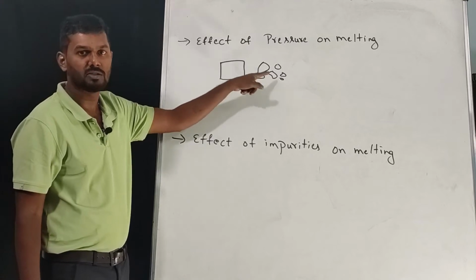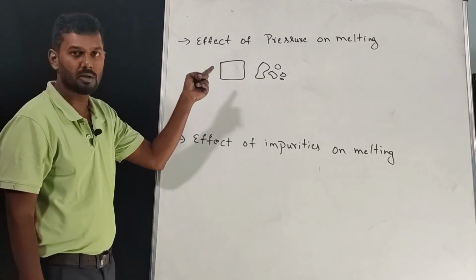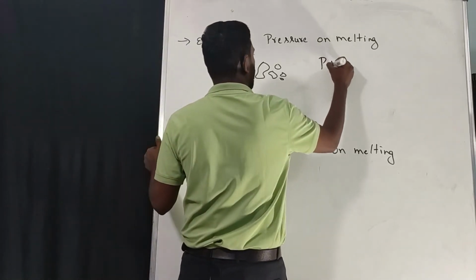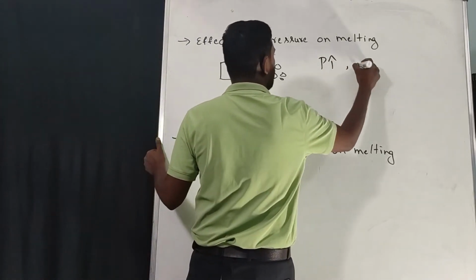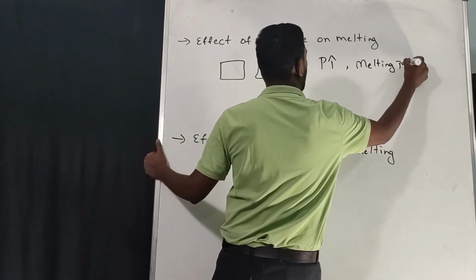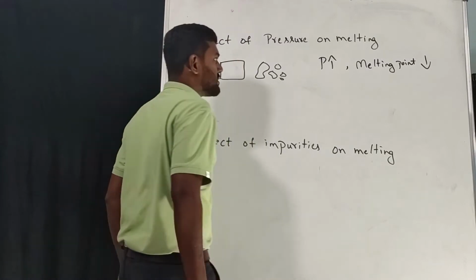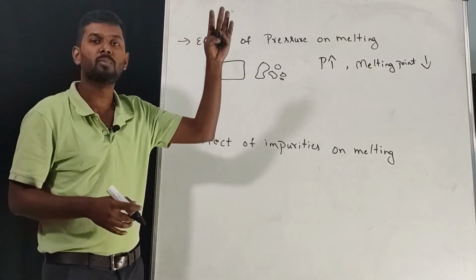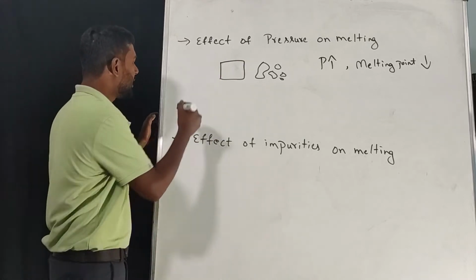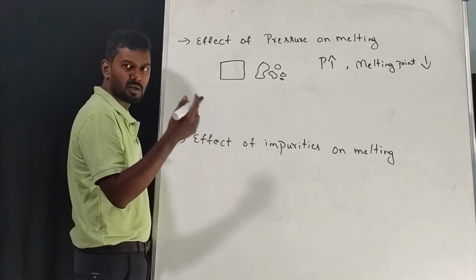The pieces, correct? So when the pressure increases, the melting point decreases, and it melts faster. But there are a few exceptional cases.